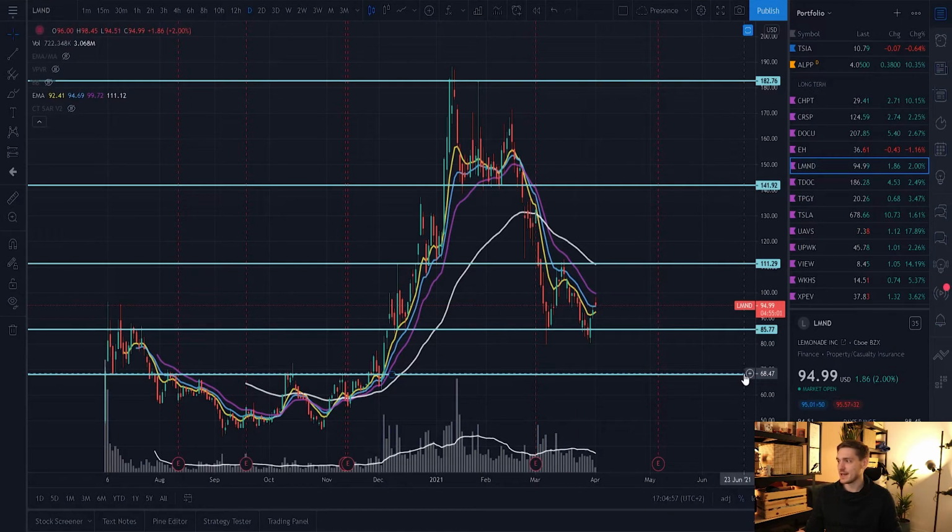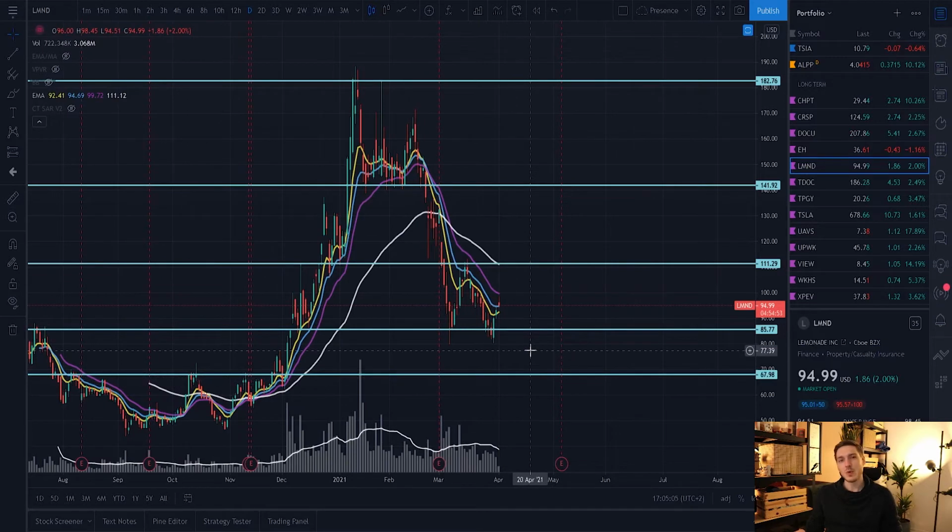I believe the next real major support would be around $68, which is created by this top, and also this price action right over here. So yeah, that would be a problem if we did go below, or if we do close a candlestick below $86, but I don't really think that's going to be happening. Of course, it could happen, but I think the likelihood of that is relatively low.